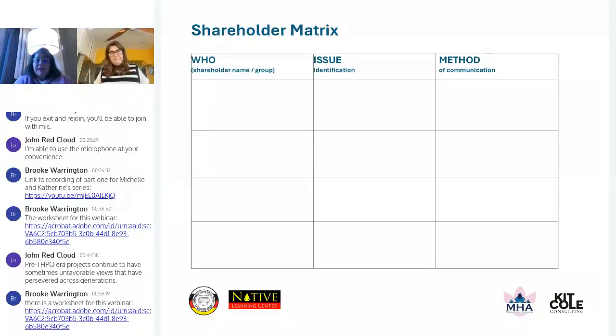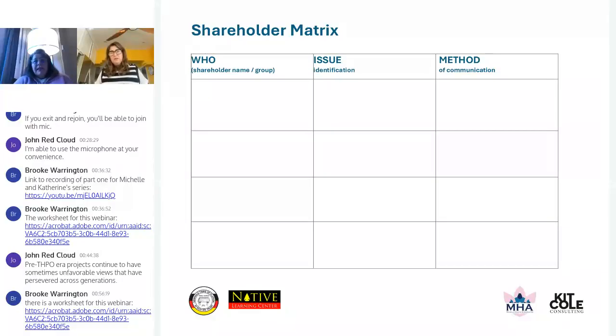And I think that from a planning perspective, if you are writing a grant, or if you're helping a tribe write a grant, then this is something that you can include in your addendum or your appendix, and that they've taken the time to at least identify, right, that they're considering.